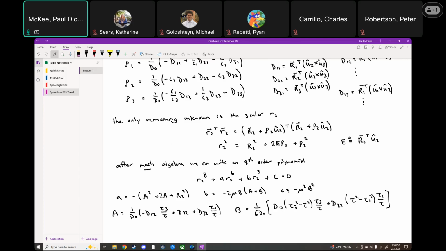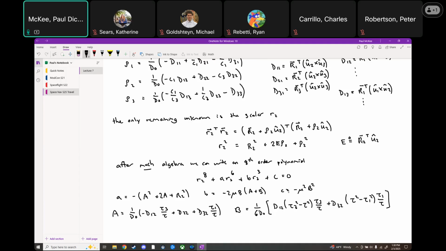There it is. So combining all of our equations, we get capital A, which is some function of stuff that we know, capital B, which is some function of stuff that we know, and then we can compute lowercase a, lowercase b, lowercase c.